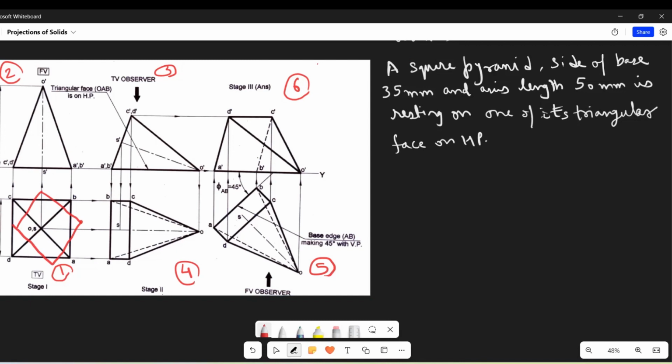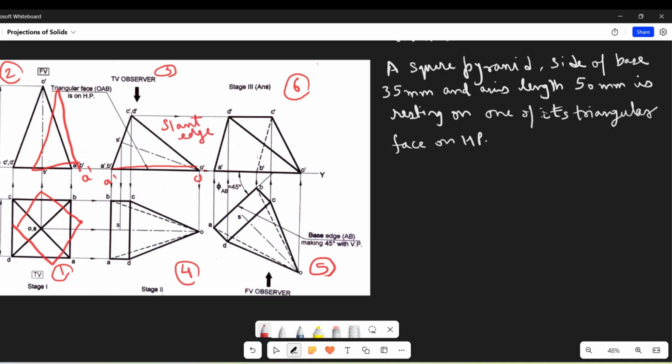If I project it, we will get a triangle like this, where we'll have 1 point here, A dash, and if I rest it on the HP, then here we will have A dash, O dash, which would be called the slant edge.